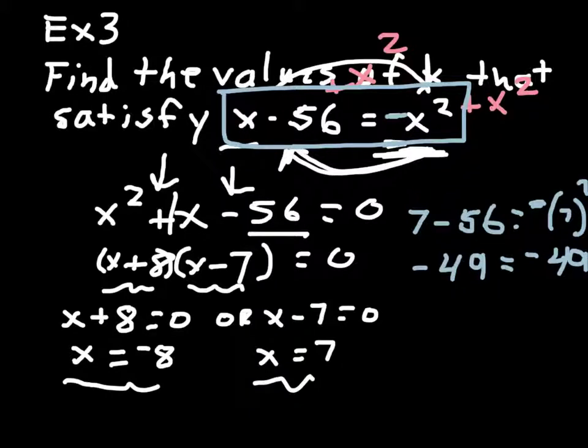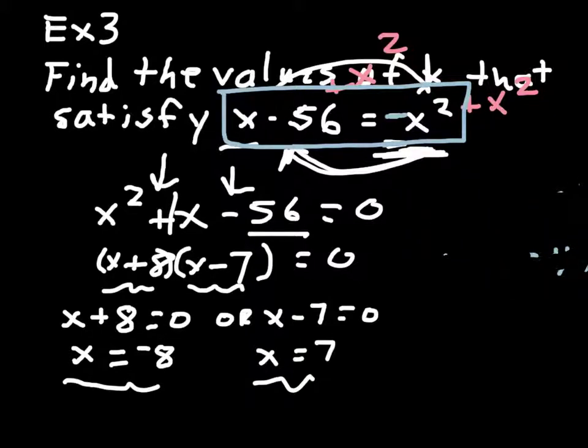Notice it checks out. Now, if I did the same thing with x equals negative 8, let's see if that checks out. And we'll go through this check fairly fast here. So I'm going to put a negative 8 in right there. So I have a negative 8 minus 56.